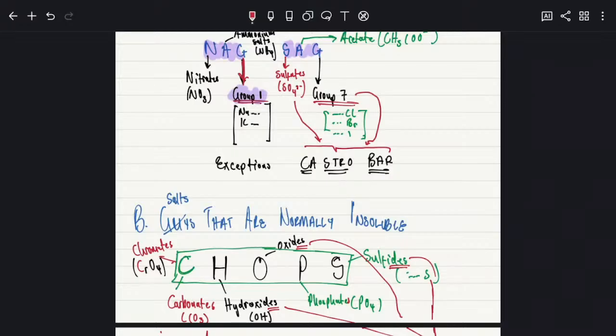So we'll see how they play around with it to produce one which is insoluble, which we'll call a precipitate. They want to produce a salt which we can collect at the bottom of the solution, which we call a precipitate, or one which will stay in the solution when the other one is going out, and then they will evaporate the water and take the one which would have remained in solution. We'll see how they do that.